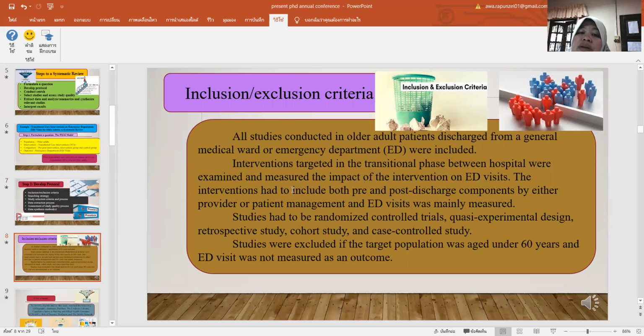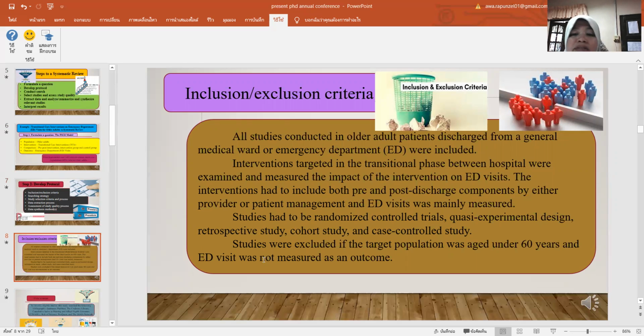The interventions had to include both pre- and post-discharge components by either provider or patient management, and ED visit was mainly measured. Studies had to be a randomized control trial, quasi-experimental design, retrospective study, cohort study, or case control study.